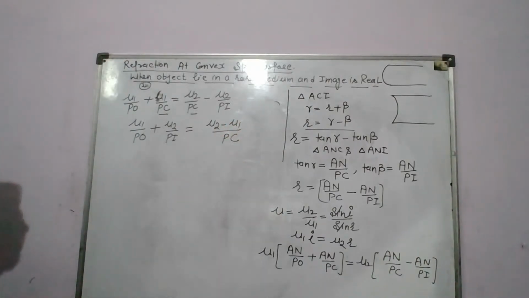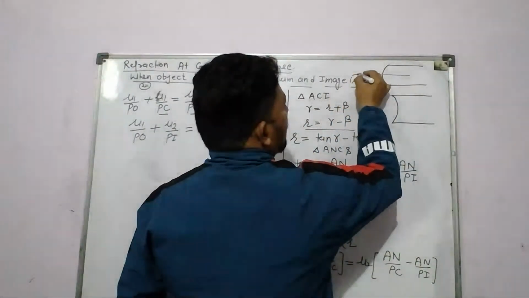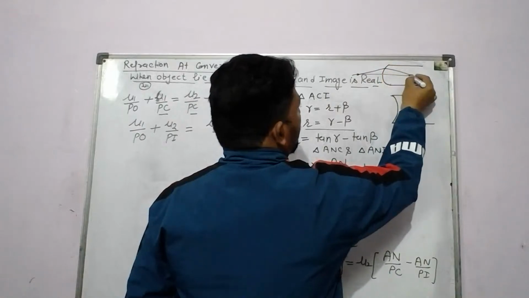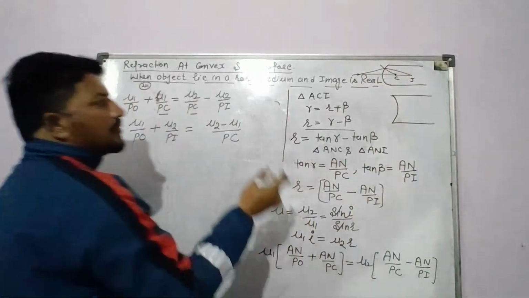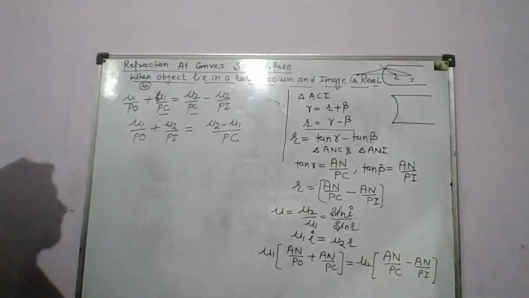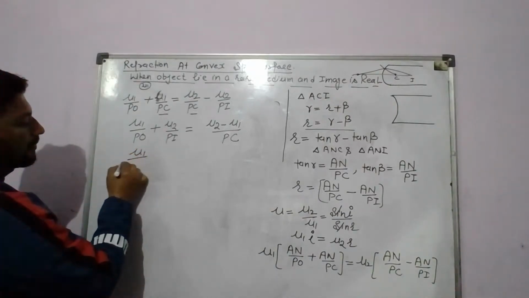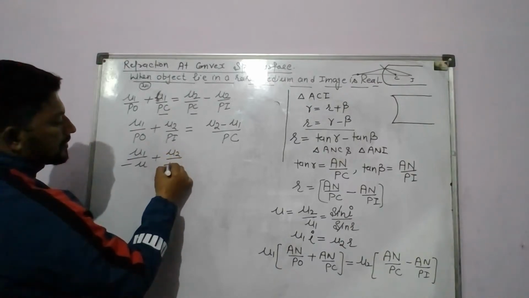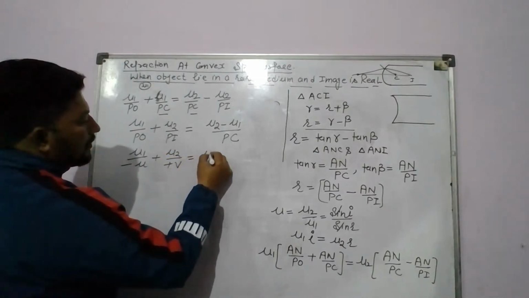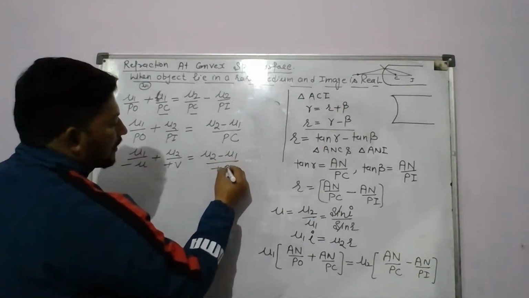So understand using sign convention. Here is the object, image is here, center of curvature is here. So object is negative, and image and radius of curvature are positive according to sign convention. Mu1 upon minus u plus mu2 upon plus v is equal to mu2 minus mu1 upon plus r.